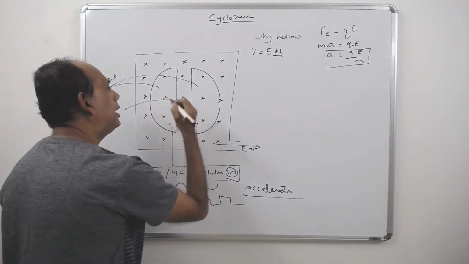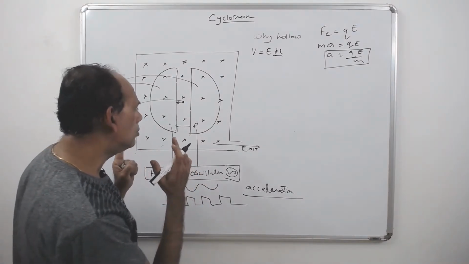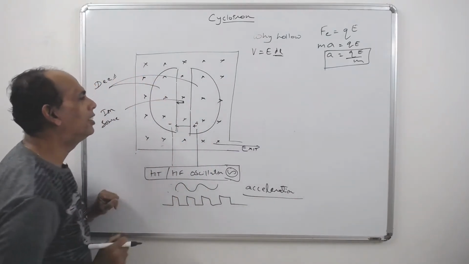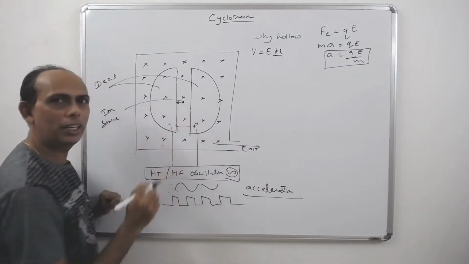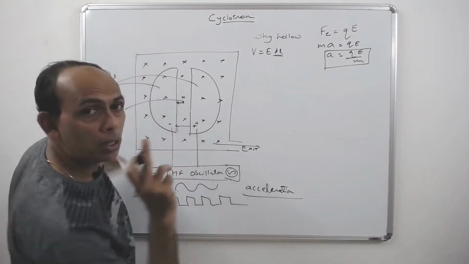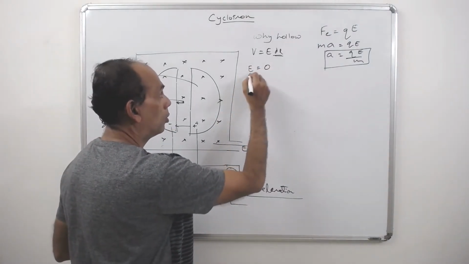So the moment it touches over here, what does this oscillator do? It does nothing. When it reaches the region of magnetic field, the electric field is zero in this region. Now you will say why it is zero.